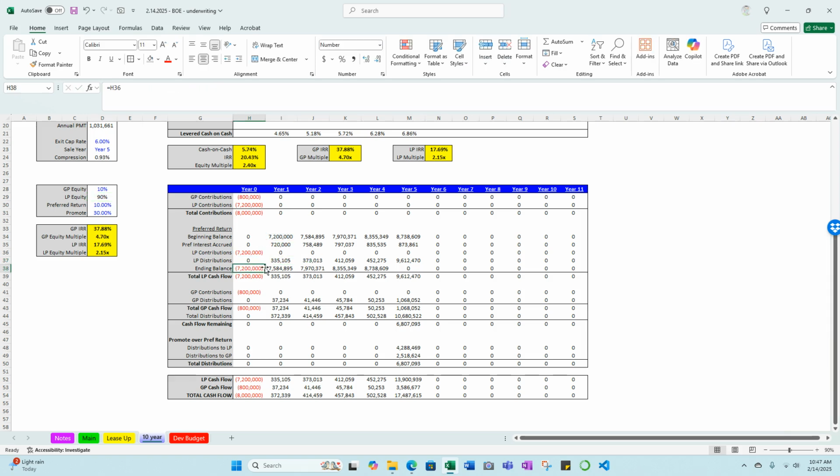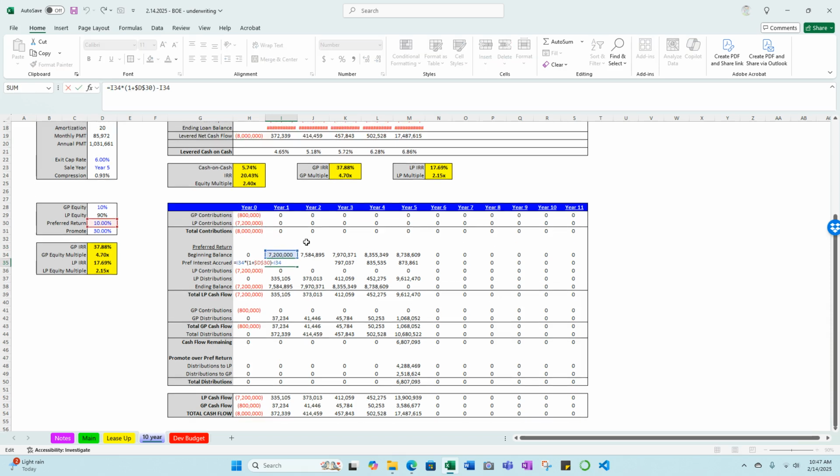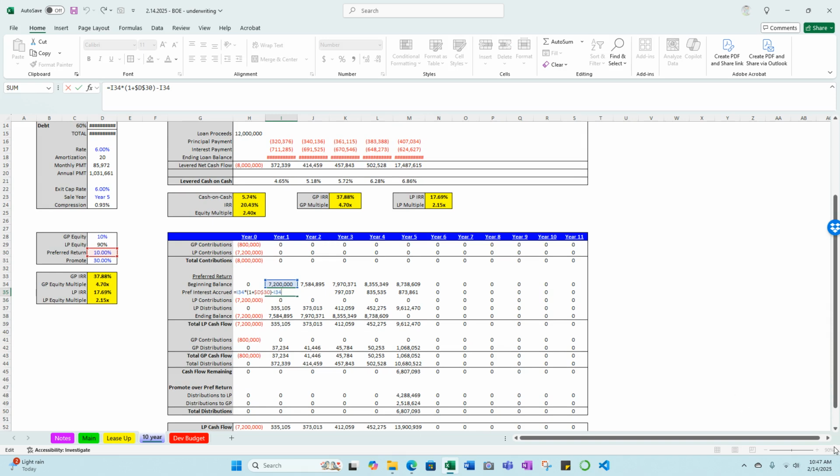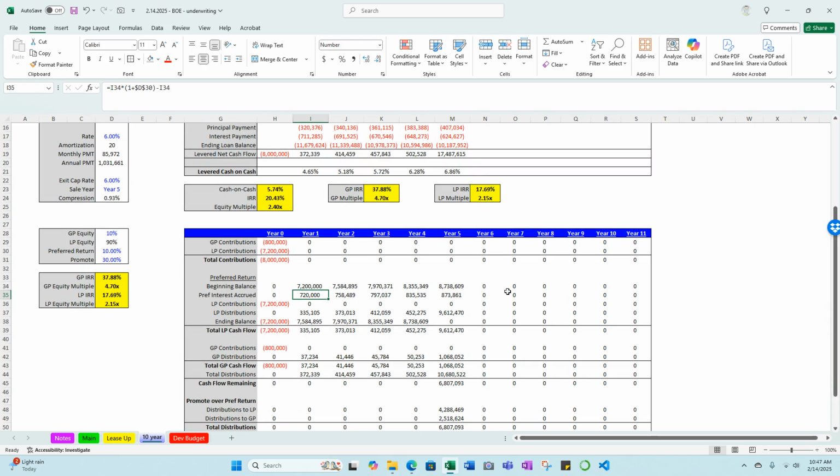Ending balance. So beginning balance references the LP contributions. This takes a beginning balance, multiplies by 1 plus the preferred return minus the beginning balance.